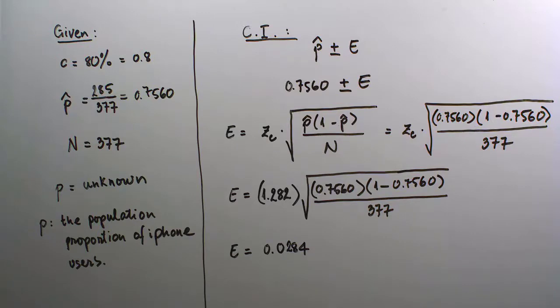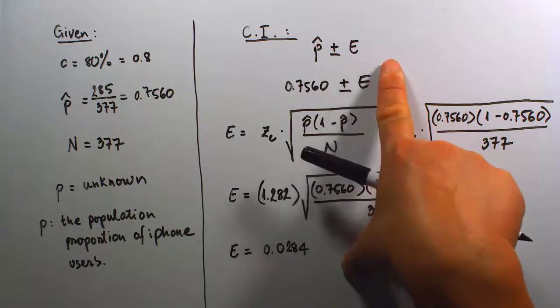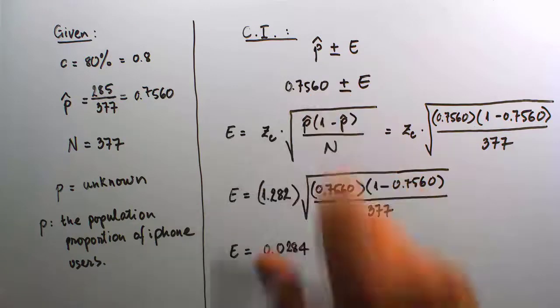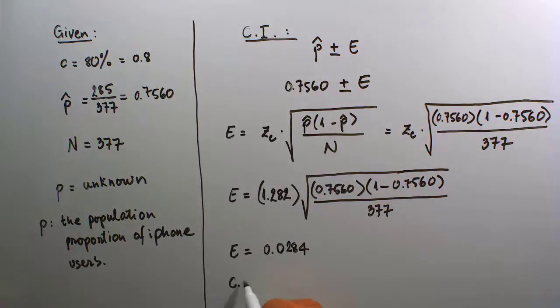So that now means back to our ultimate goal of finding the confidence interval. Our final confidence interval is going to be as following, from where our sample proportion is, being 0.7560.